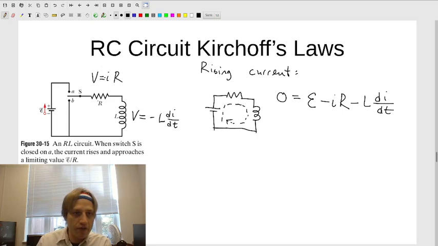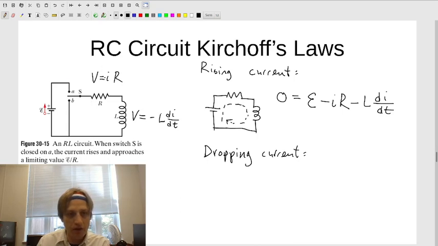Now, you could also have this other circuit where you would have dropping current. Your current would be getting less, and essentially at that point your inductor would want to keep the current going in the same direction as it was initially going, but it would be pushed against now by the resistor. So in this case, because your current is not rising, it would be dropping, the direction, instead of going against the current, would go with the current.